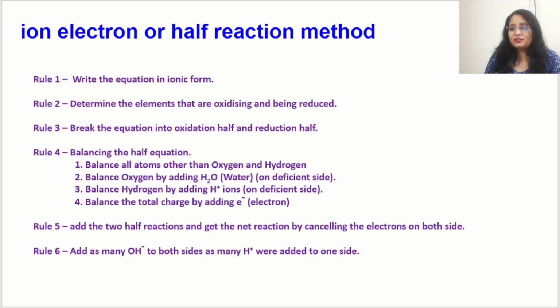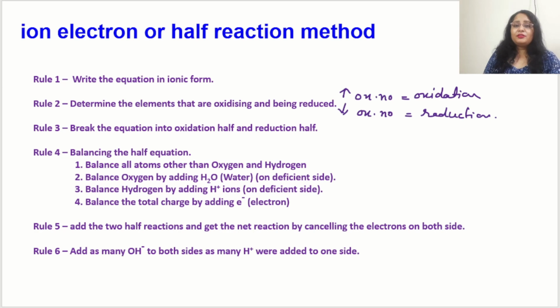The increasing oxidation number means there is oxidation, and if there is a decrease in oxidation number, we will say reduction. After that, we will break the whole equation into oxidation half and reduction half.